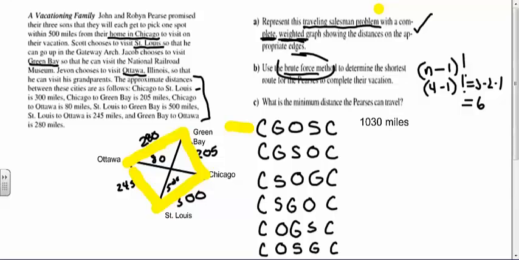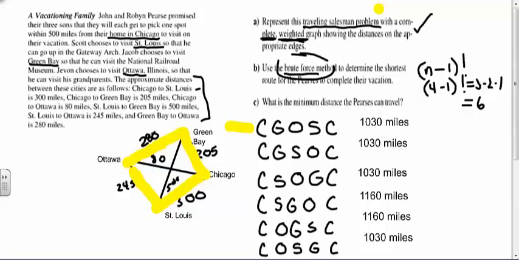If you look at them very carefully, that would be the third one listed. So the third Hamilton circuit down would also have a total of 1,030 miles. We need to do the same thing for each of the 4 other Hamilton circuits by tracing them on the graph and then adding up the weights of their edges to see what the cost or distance of those Hamilton circuits would be.